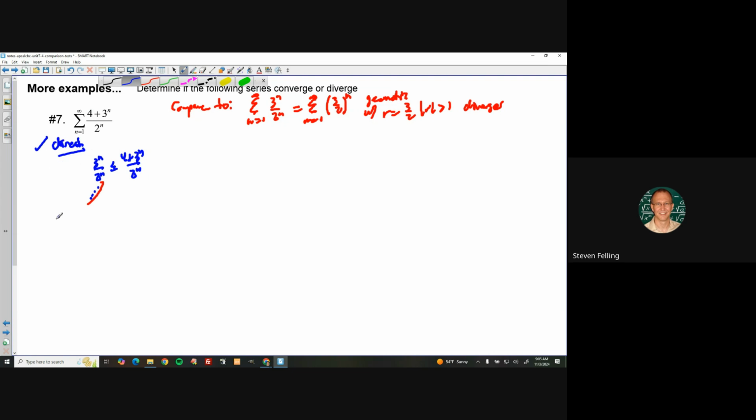You could go ahead and do this and say, since 3^n over 2^n is less than or equal to (4 + 3^n) over 2^n, and the series n equals 1 to infinity of 3^n over 2^n diverges by geometric series test.